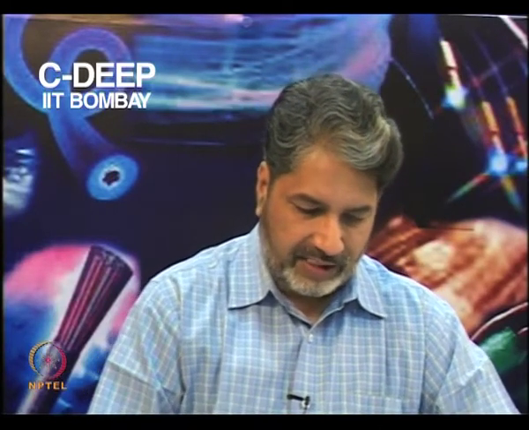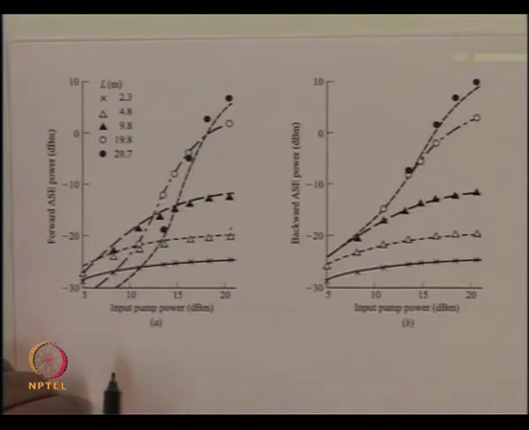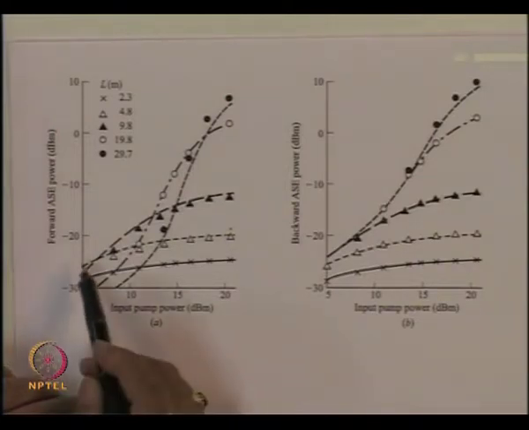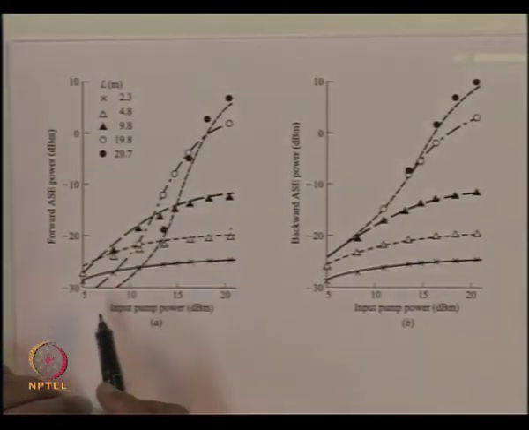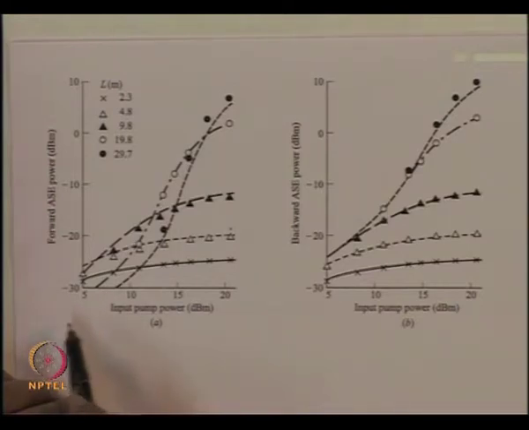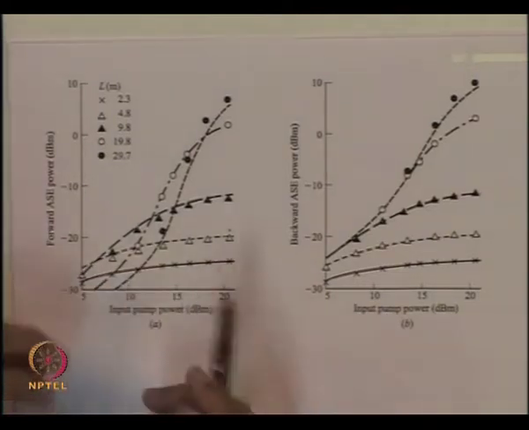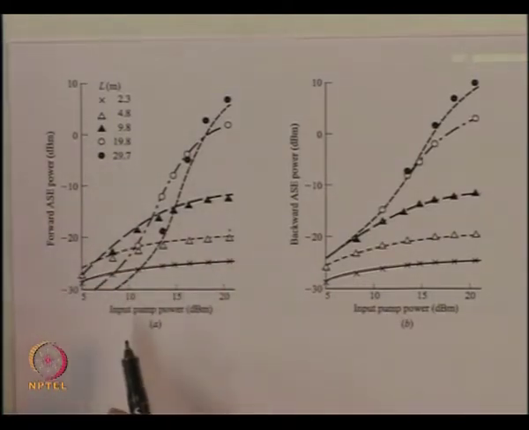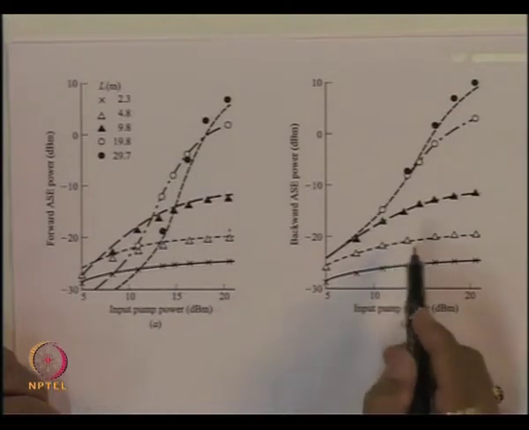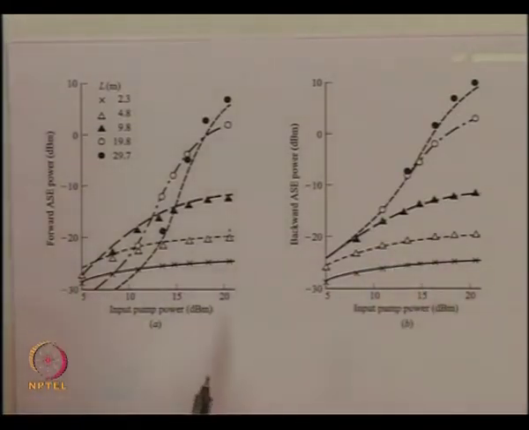As a function of the input power in dBm, we have here the ASE in dBm, and these are for two schemes. This is for the forward scheme and this is for the backward scheme. In the forward case the signal and the pump are traveling in the same direction, and in the backward case they are traveling in opposite directions.